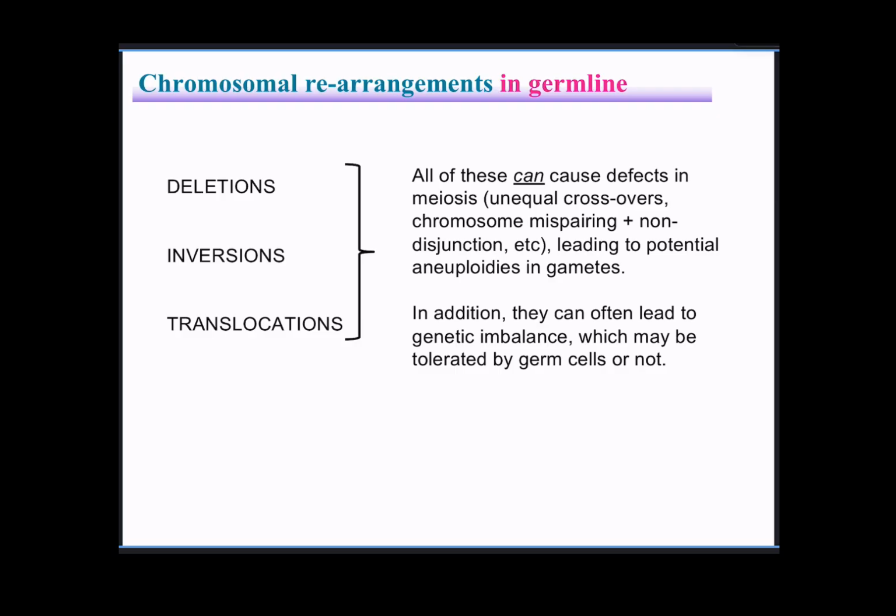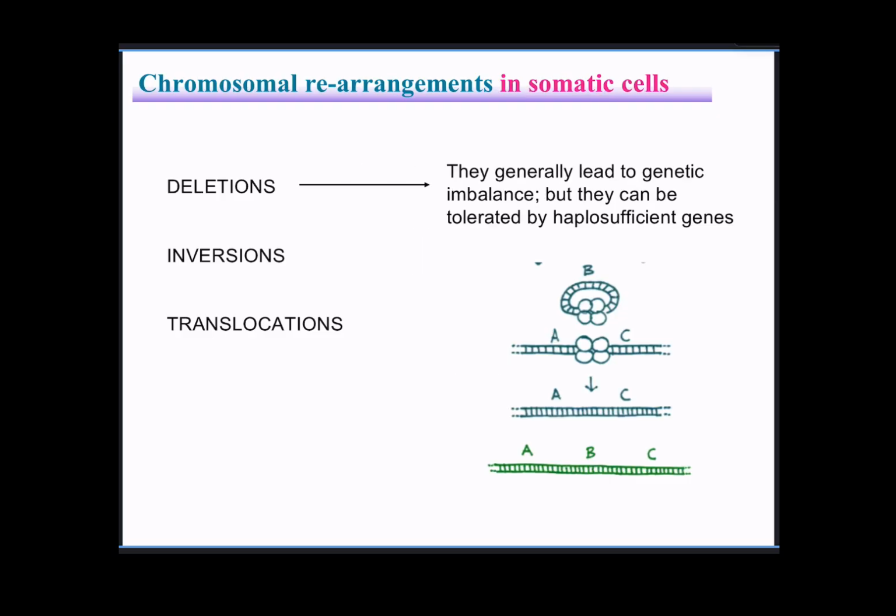That is to say that when deletions, inversions, translocations take place in the germline, those germ cells will have a hard time going through normal meiosis and generating gametes. In somatic cells, the story is a little different. So deletions obviously will lead to a genetic imbalance.